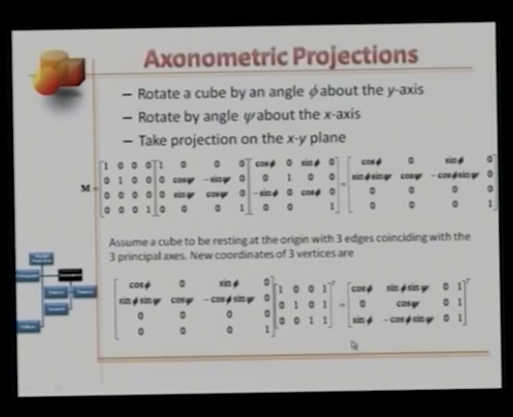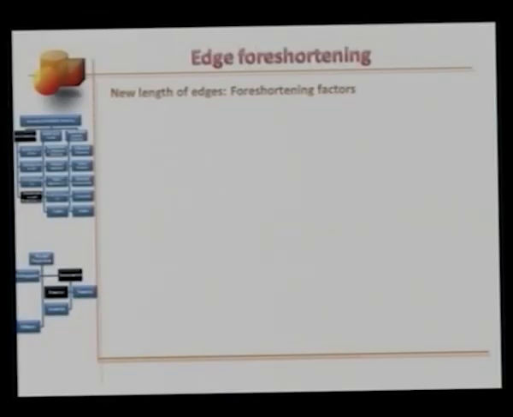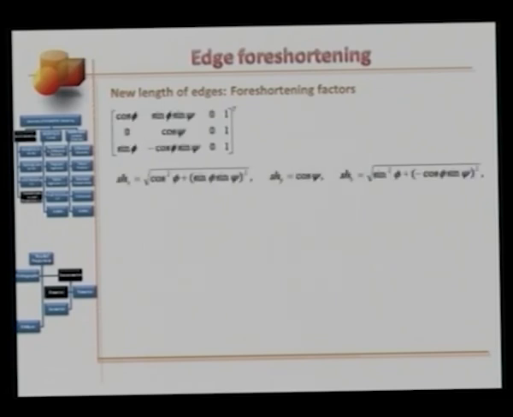Well, what would now be the lengths of those three edges of the cube? We discussed this in edge foreshortening. The new length of the first edge will be the square root of cosine squared phi plus sine squared phi times sine squared psi plus 0 squared.